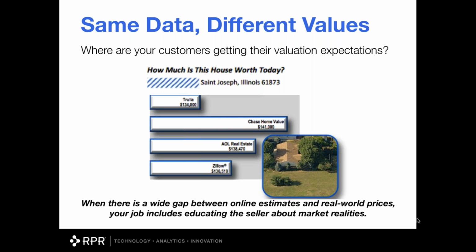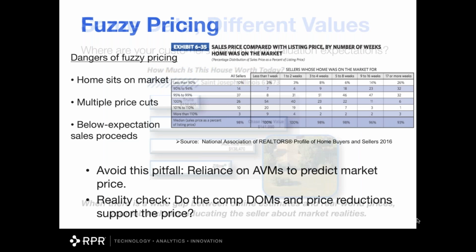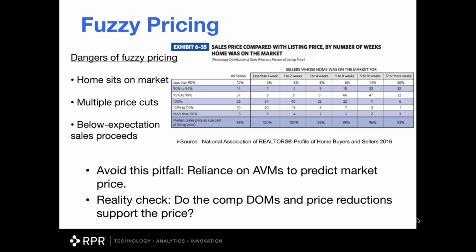So when we talk about this whole fuzzy pricing situation, it's because each one of these companies will use their own, what we call their own algorithm. Or in other words, it's a computer trying to make a prediction of what the property might be worth. And so Zillow may use one computer algorithm while someone else uses a different algorithm.